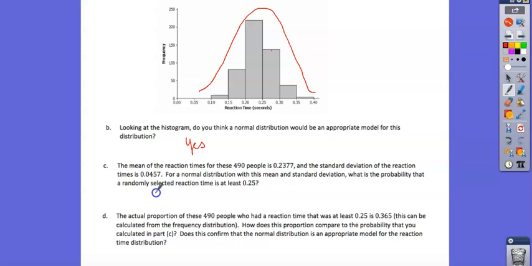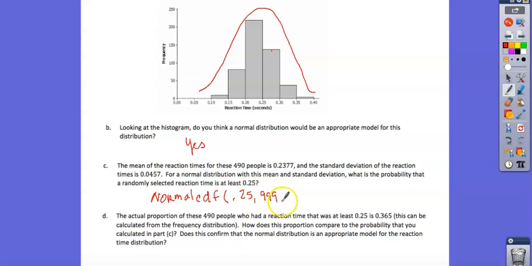If I use my calculator, that would be the same as my online function. I am going to enter my left bound and then my right bound. My left bound for this example is 0.25. My right bound is positive infinity.